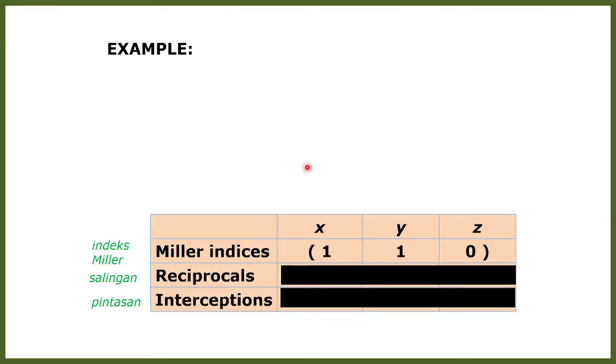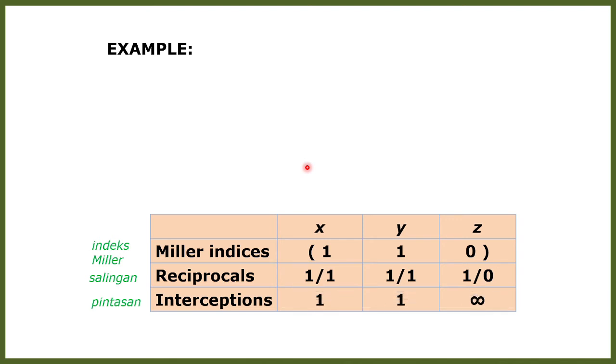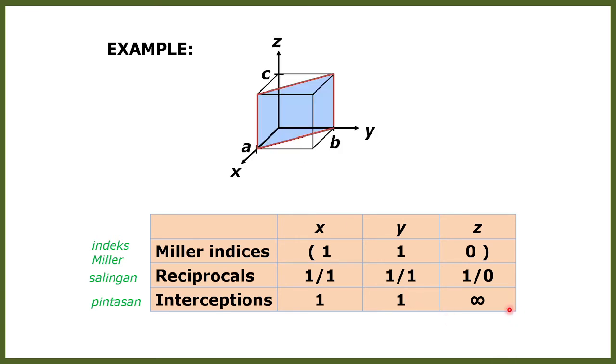Okay, we go to the first example. If you get the Miller index of 110, how is the plane? We calculate the reciprocal: 1 over 1, 1 over 1, 1 over 0. So for the x direction the intercept is 1, for y the intercept is 1, and for the z vector the intercept is infinity. This means there is no intercept in the z direction.